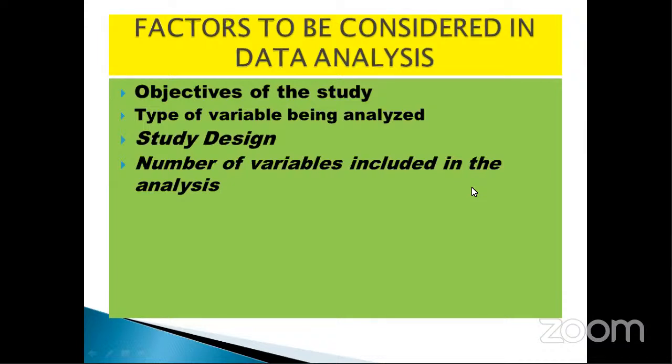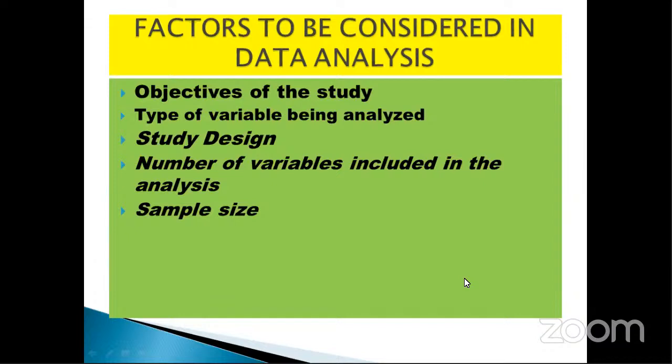This factor is very important because you are not supposed to just say, "Ma'am, we will use Chi-square here, we will use ANOVA here." It is not like that. You also need to consider how many variables you included or will be including in your analysis, and also the sample size you have used.